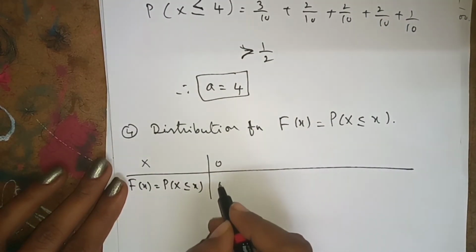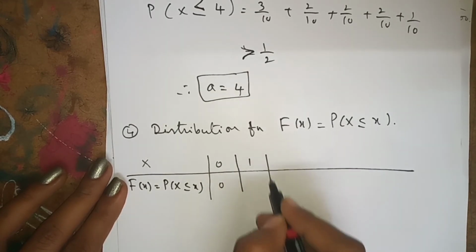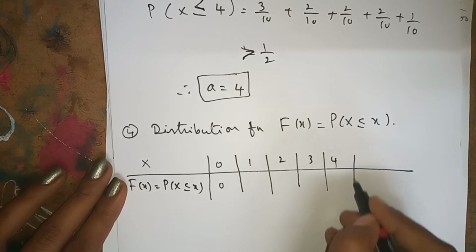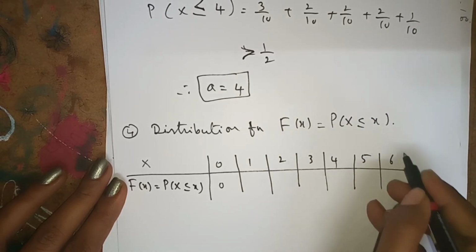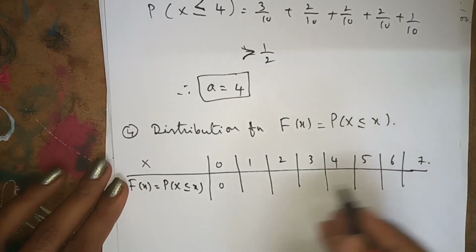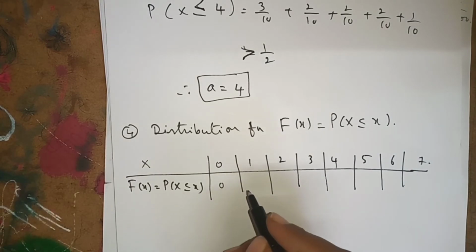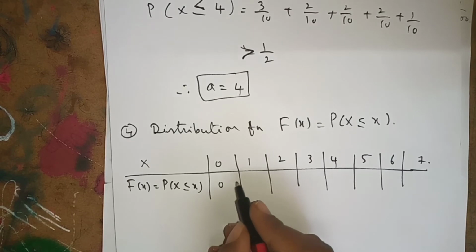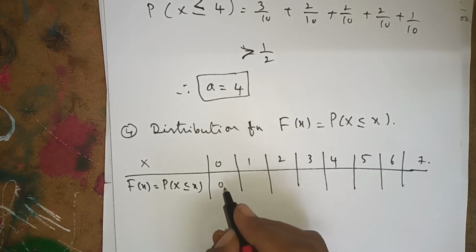For the distribution function, which is cumulative, we take x less than or equal to. The first value is 0.